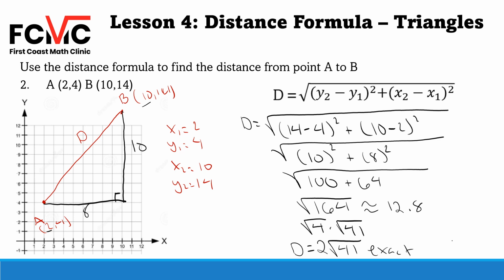And where do we see these values? Well, we've got 10 here, and we've got 8 here. So again, these values that are getting in the parentheses here and here are just the horizontal and vertical distance on the right triangle that we're forming, that we can create by plotting our points for A and B.